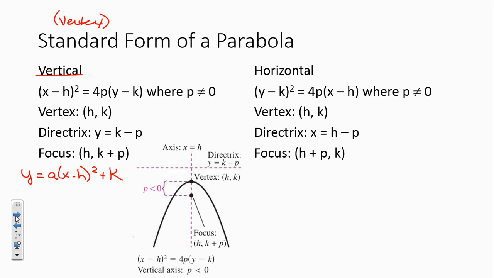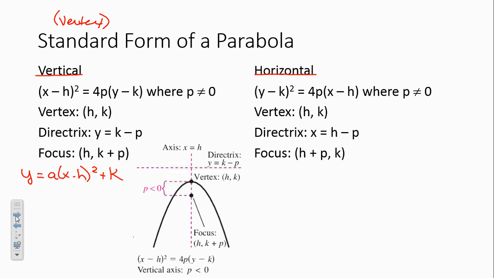All right, our book is going to call the horizontal standard form as (y minus k) squared. Our y is now the squared term, equals 4p times (x minus h). Or again, p can't be 0, so we don't get a parabola. Vertex is still (h, k).